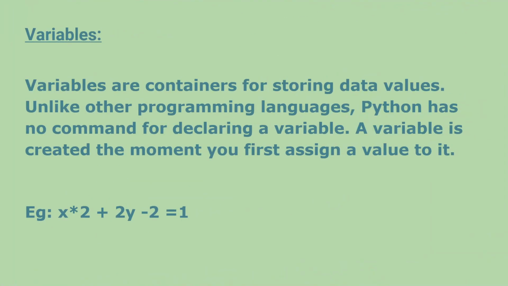Next come variables. Now what is a variable? Variables are containers for storing data values, and unlike other programming languages, Python has no command for declaring a variable. A variable is created the moment you first assign a value to it. As all of us know, we have solved mathematical equations since childhood, and here is an example below: x squared plus 2y minus 2 is equal to 1.